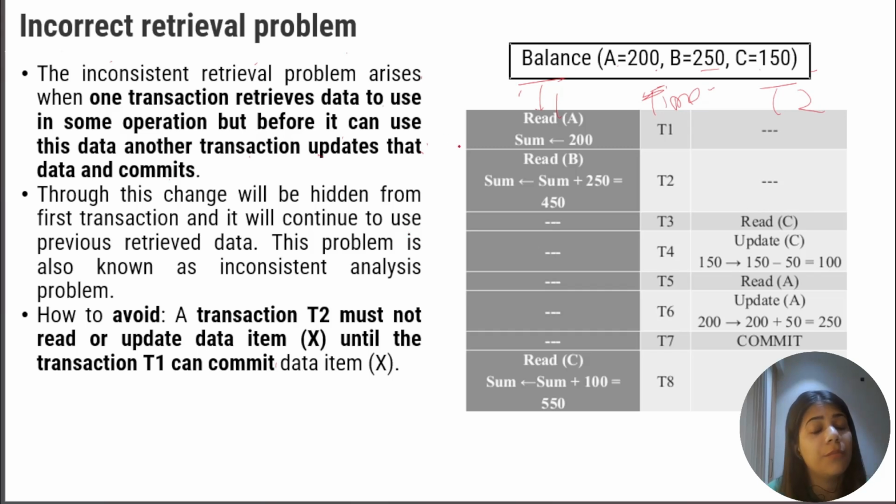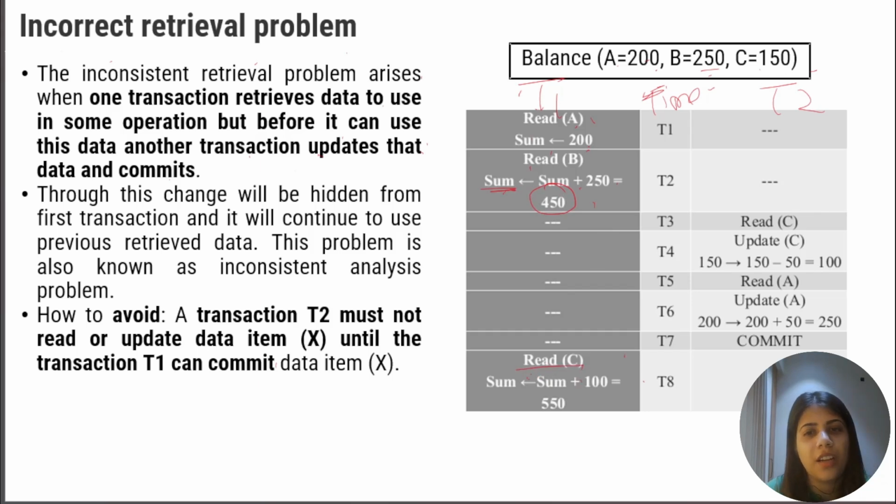Does that happen? In most possibilities, that can happen. It will read A's value, which is 200, create a variable sum equals 200, read B's value, which is 250. Sum equals sum plus 250, which means 200 plus 250 gives you 450 as the sum value. Over here it is going to read C's value, which is 150.